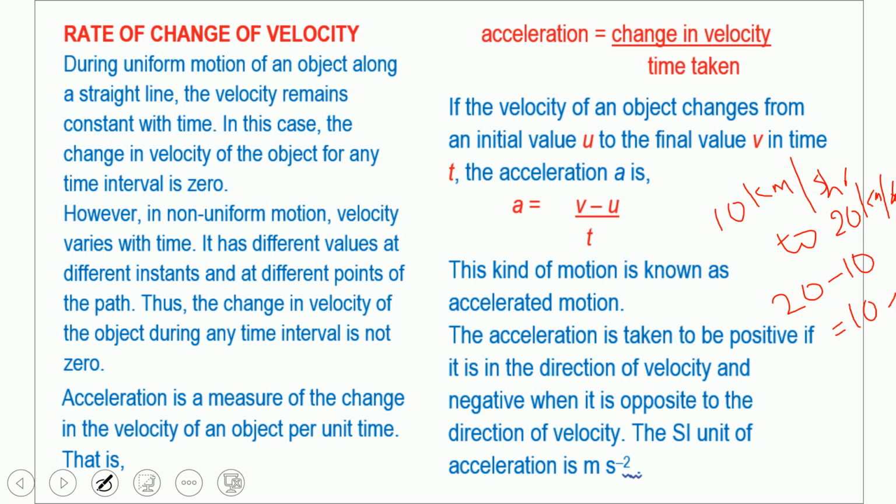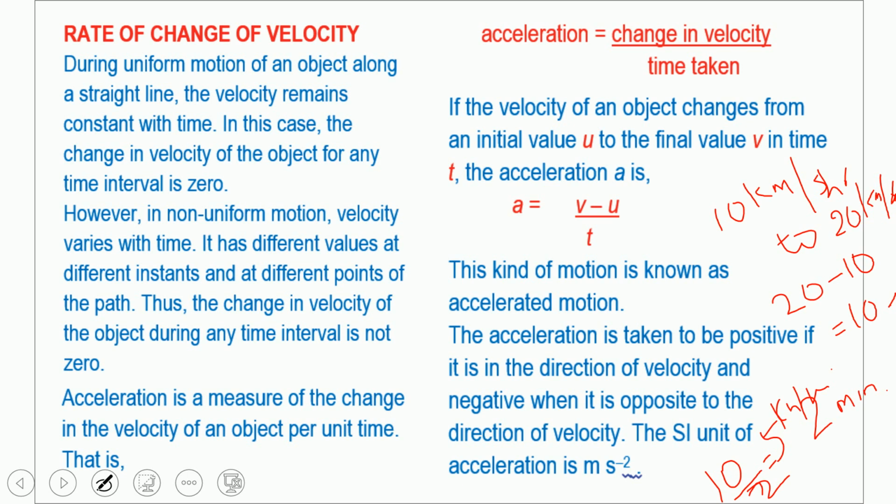Now the time interval of this change is 2 minutes, as we have taken. So what is the acceleration here? We can say it is 10 upon 2, that is 5. The unit is kilometer per hour per minute, because we have taken minutes here. Understand? That is the acceleration here.